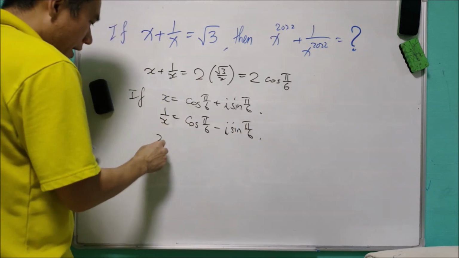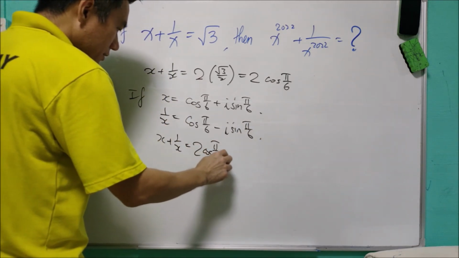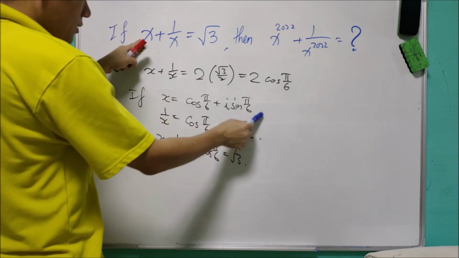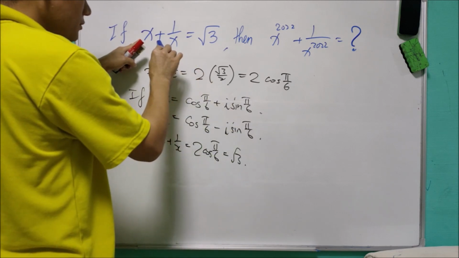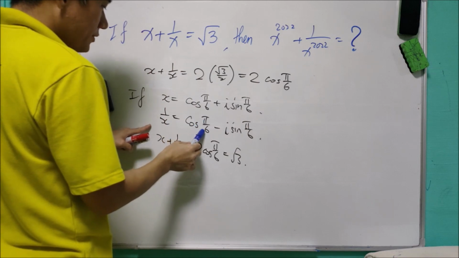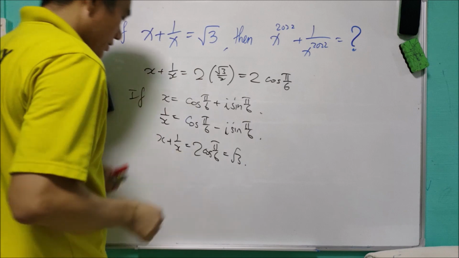So it means that x plus 1 over x equals 2 cosine pi over 6, that is square root of 3. In this case, we can say that cosine pi over 6 plus i sine pi over 6 will be one of the solutions to the quadratic equation, and cosine pi over 6 minus i sine pi over 6 is the other solution.